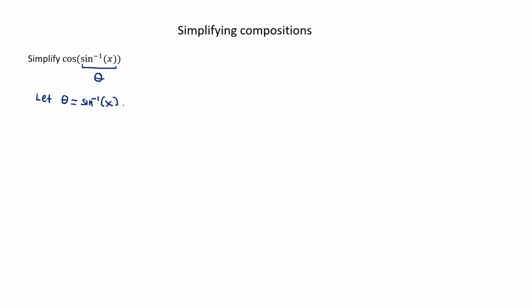This means that sine of theta is going to be equal to x. And remember where the outputs live: the range of inverse sine of x is negative pi over 2 to pi over 2.